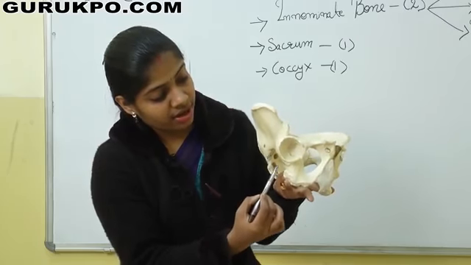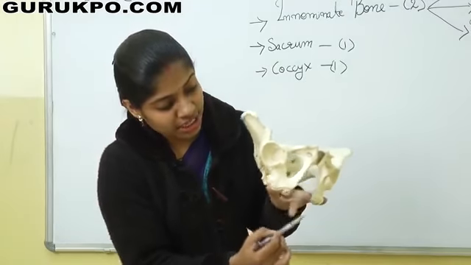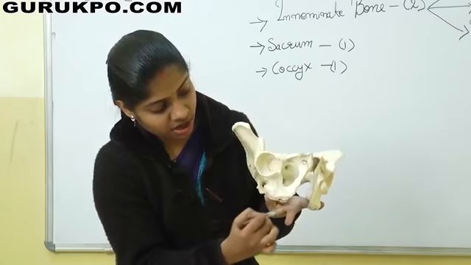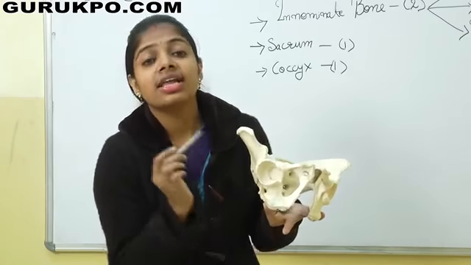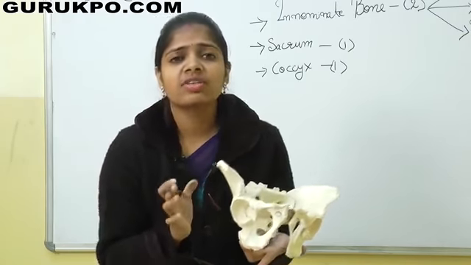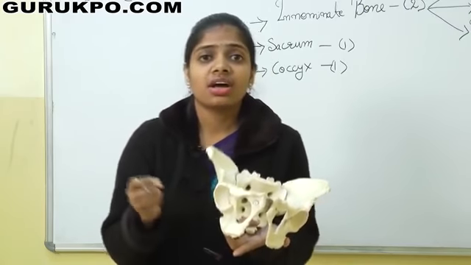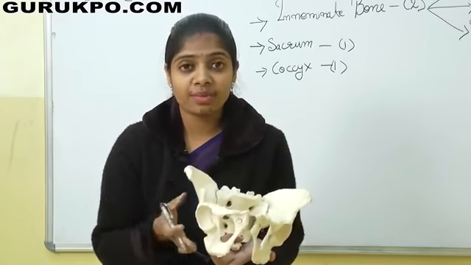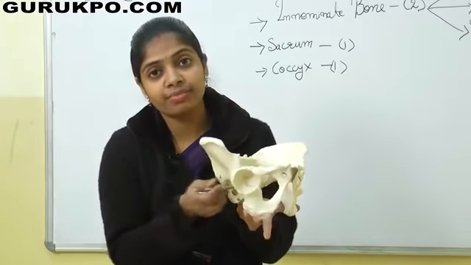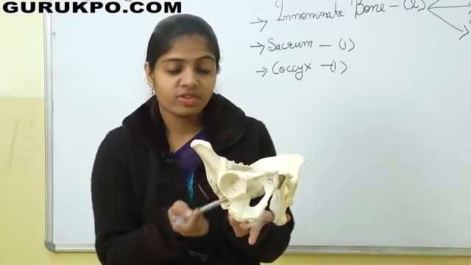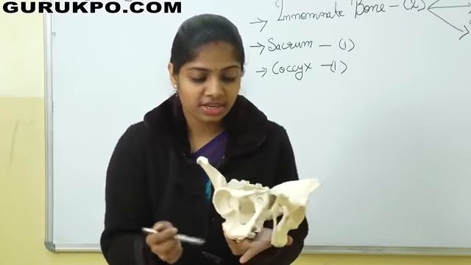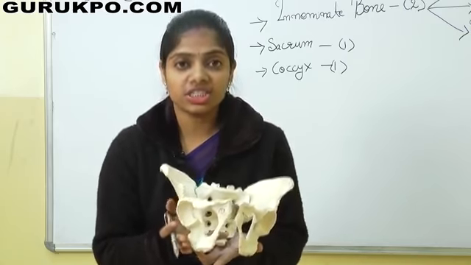Then from the ischial spine to the ischial tuberosity there is also a curve, which is known as the lesser sciatic notch. The function of the sciatic notch is that the sciatic nerve, nerve supply and blood supply enter the pelvis through this curve. So this is all about the ischium.